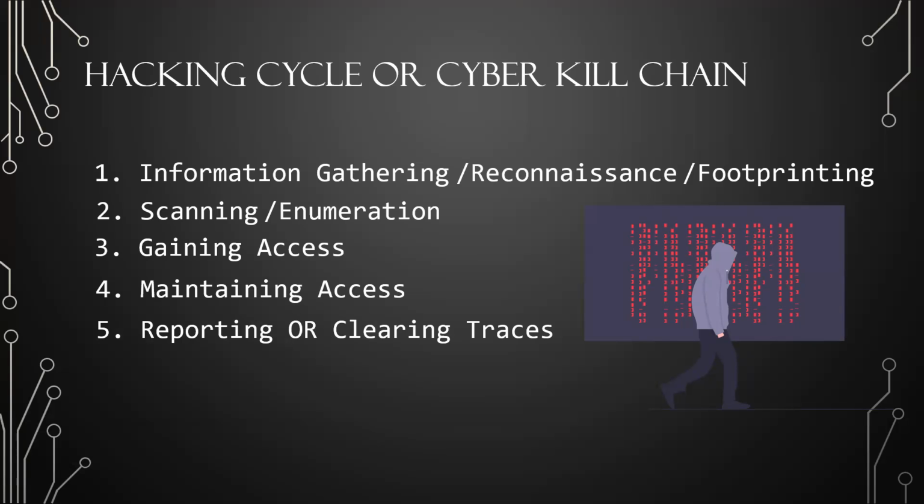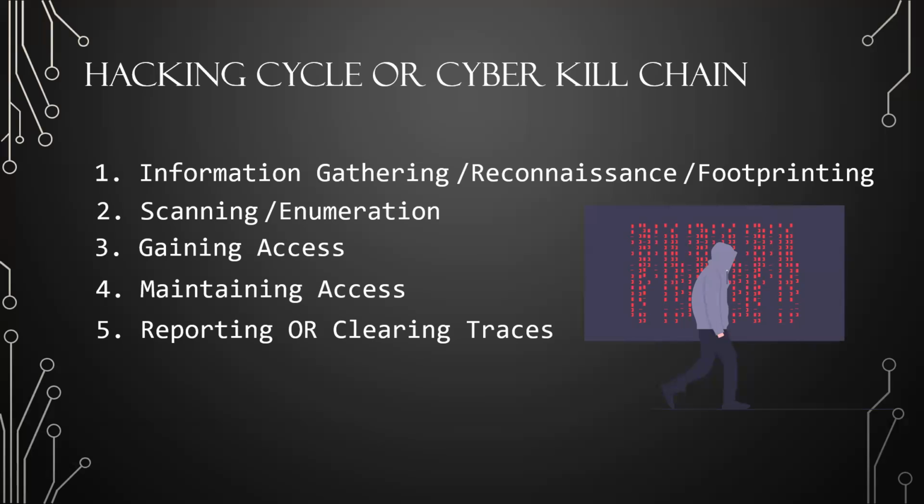The reason being, no matter what kind of hacker you are, whether a black hat, gray hat, or white hat hacker, steps 1 to 4 are exactly identical for every kind of hacker. You compulsorily need to follow the first 4 steps. It's mandatory. There's no change in that. What changes is only the last step.